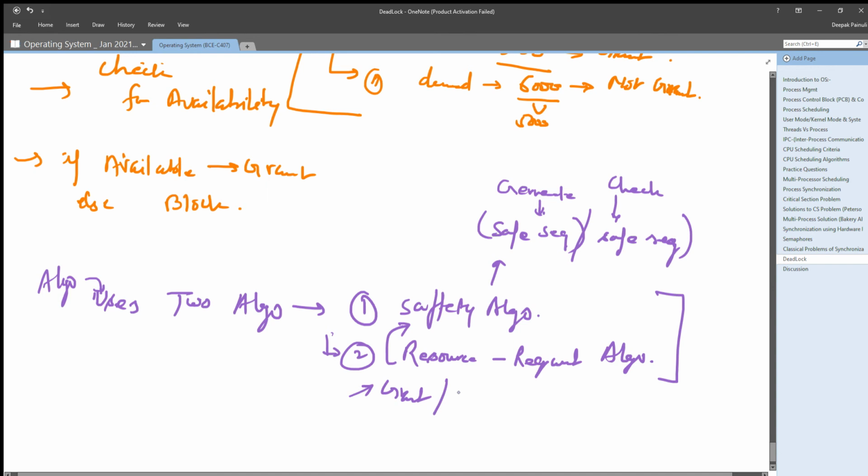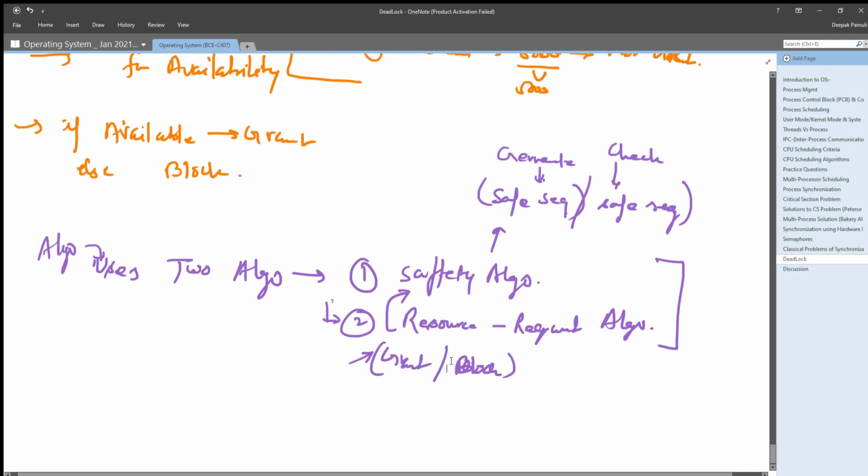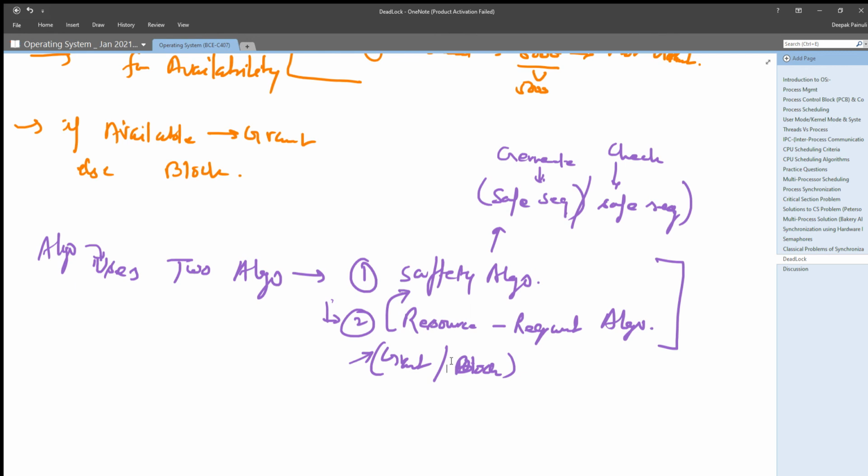Otherwise we will block that request of the particular demanding process, right? So Banker's algorithm is the combined form of two algorithms, which are the safety algorithm and the resource request algorithm, right?